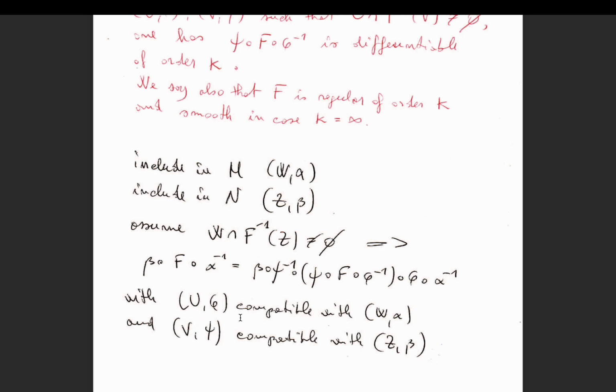In the hypothesis that the chart (Z, beta) is compatible with the differentiable structure of N, and (W, alpha) is compatible with the differentiable structure of M, we can always consider the map beta composite psi^{-1} composite psi composite F composite phi^{-1} composite phi composite alpha^{-1}.